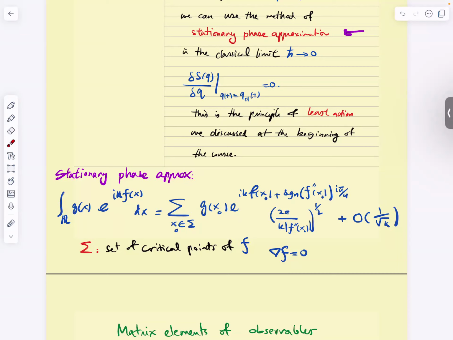We're going to assume for a second that k is very, very large. So I have an integral over a line. I'm given a function g of x, and I want to integrate this, but I'm multiplying it by a phase that oscillates rapidly in space, right? It's oscillating insanely fast. In the approximation that k is very large, we want to approximate this integral. This is called the stationary phase approximation.